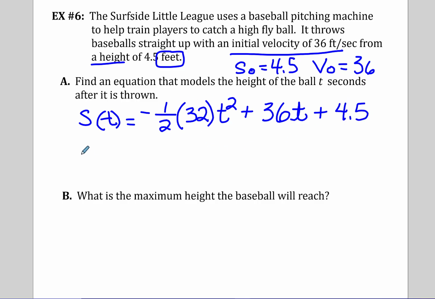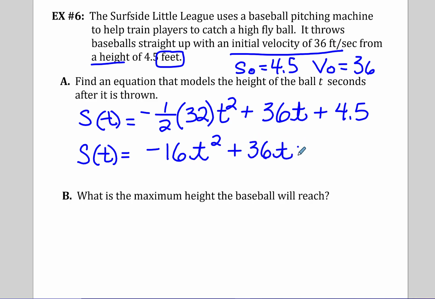And if you simplified that, your equation that models the path of that ball on the pitching machine is going to be negative 16 t squared plus 36t plus 4.5. And we want to know what maximum height the baseball will reach.